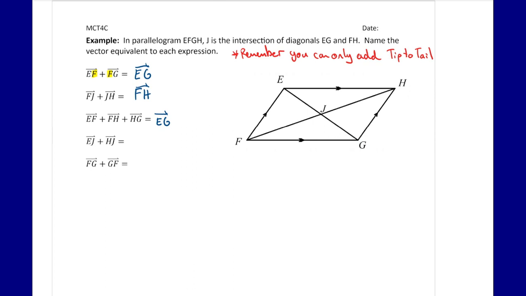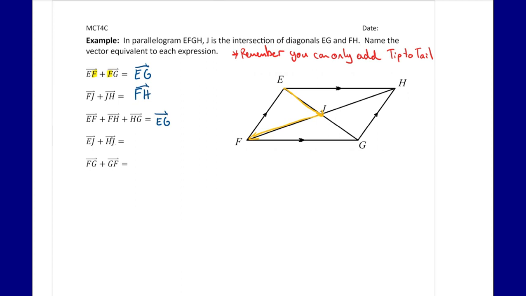Next one, EJ. So EJ going here, and then HJ is going here. Geometrically looking at it, I can't really add those two together. It doesn't really make sense. How does that work? But what we can do is look in our shape and find equivalent or equal vectors. If I look at this one, HJ, this vector would be the same as JF.